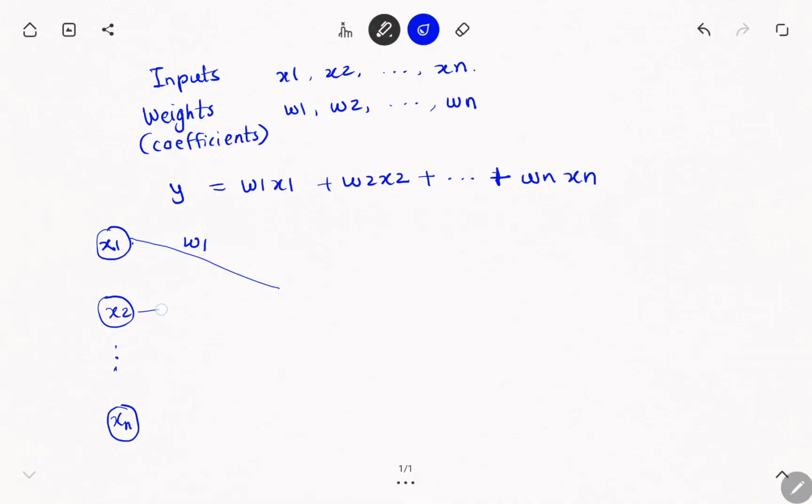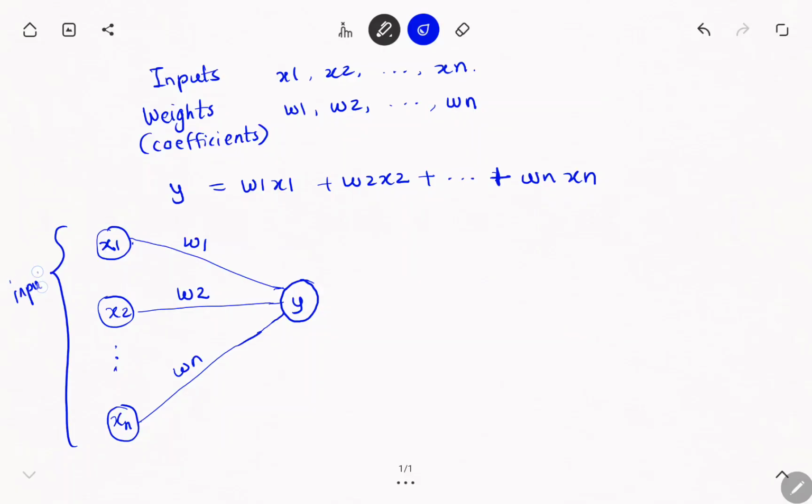This is how it is denoted pictorially. We want to multiply x2 with w2 and xn with wn. All of these are added together, and that gives us the output, which is y. So these are all input features, and this is the output. This is the pictorial representation of a linear model.